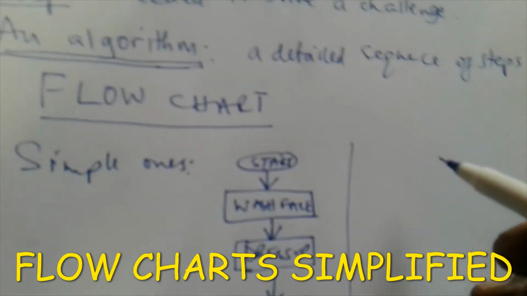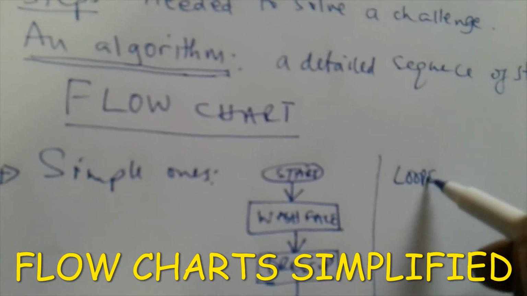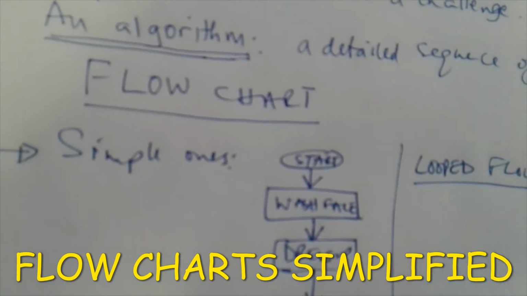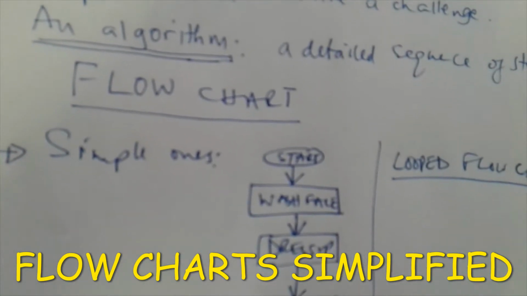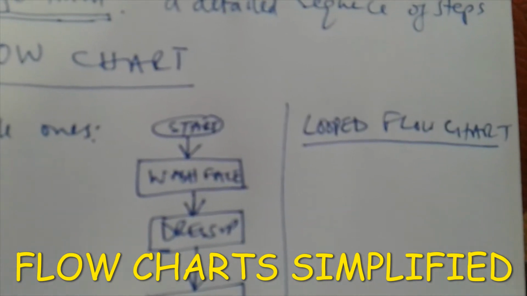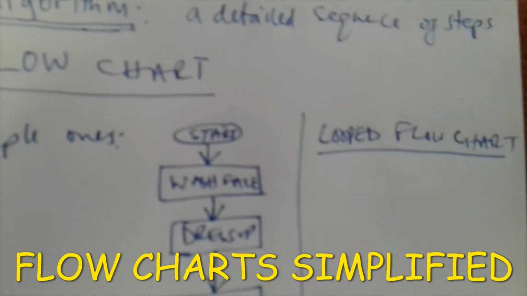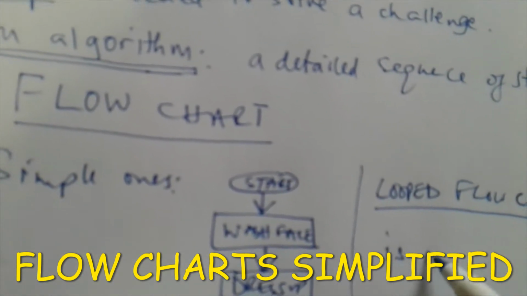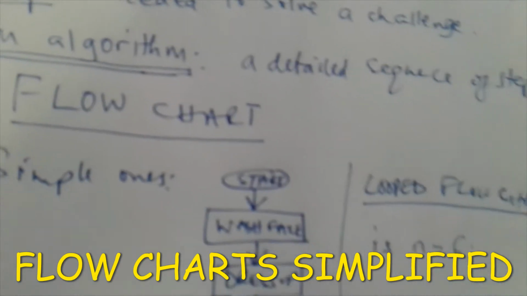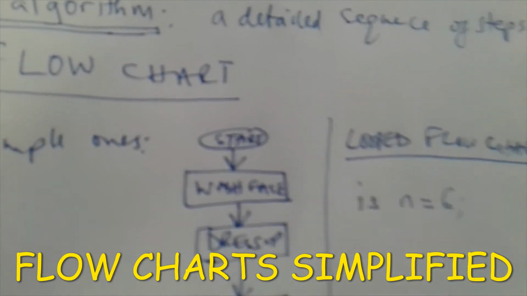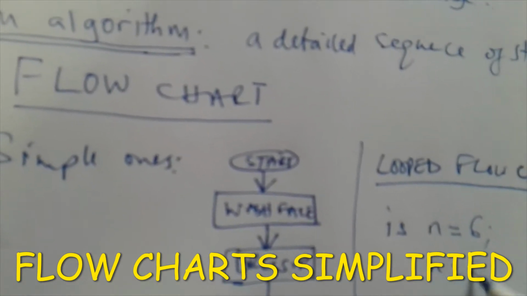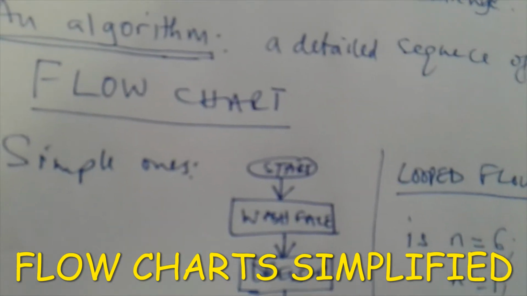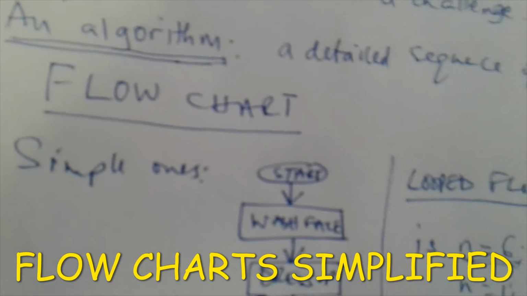Then you have a looped flow chart. When you talk of a looped flow chart, it is whereby you draw a flow chart and some steps are repeated. Let's take an example where n equal to 6: is the number of times equal to 6, and possibly you began with n equal to 1, it means this n will always be increased, and you keep on repeating until you get n as 6.